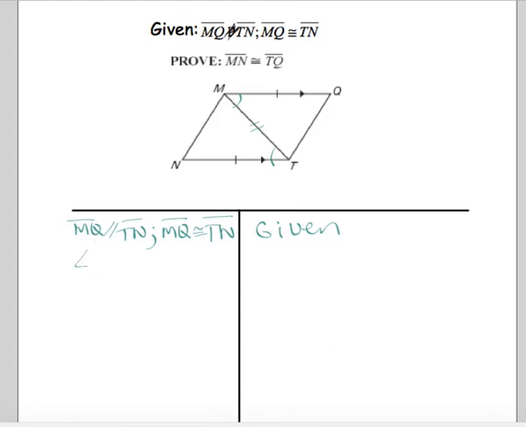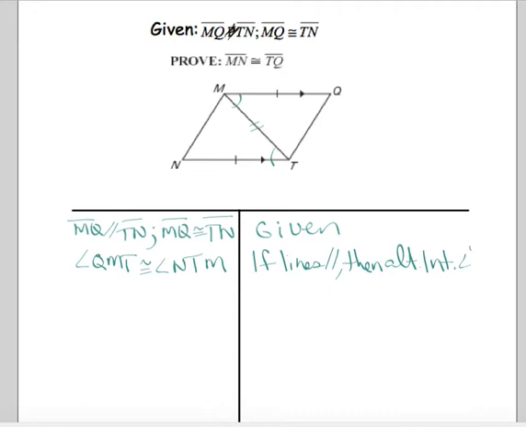So I'm going to say that angle QMT is congruent to angle NTM. And if lines parallel, then alternate interior angles congruent there for my reason.